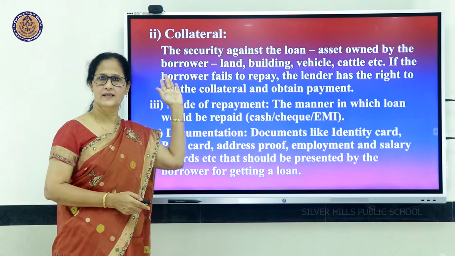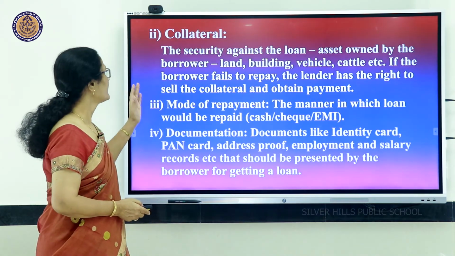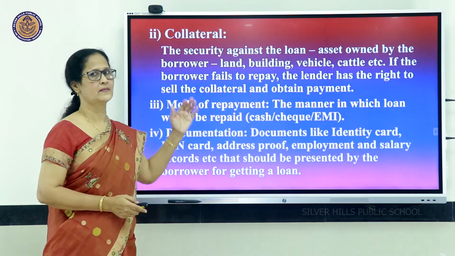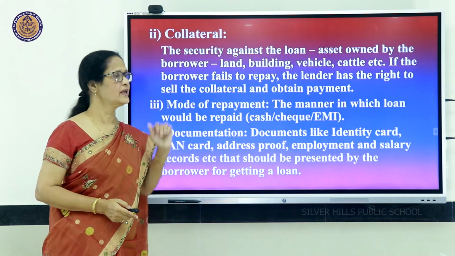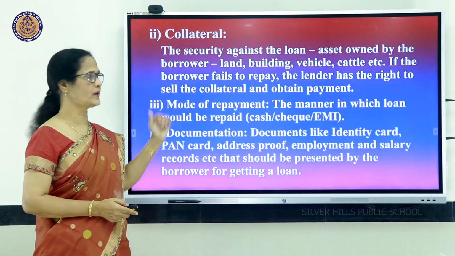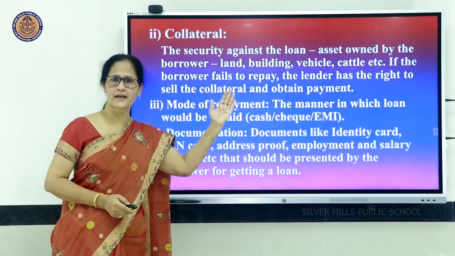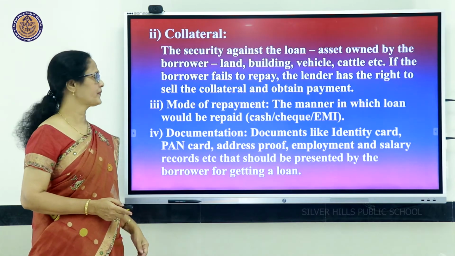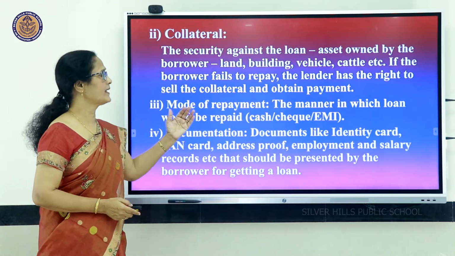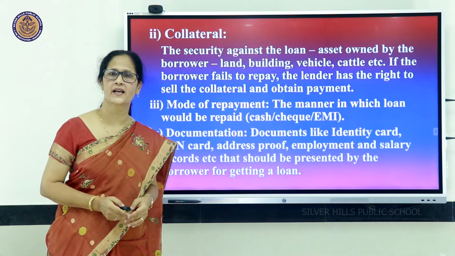The second term of credit is collateral. What is collateral? It is a security against the loan, and it can be an asset owned by the borrower like land, building, vehicle, cattle, etc. And if the borrower fails to repay, the lender has the right to sell the collateral and obtain payment.